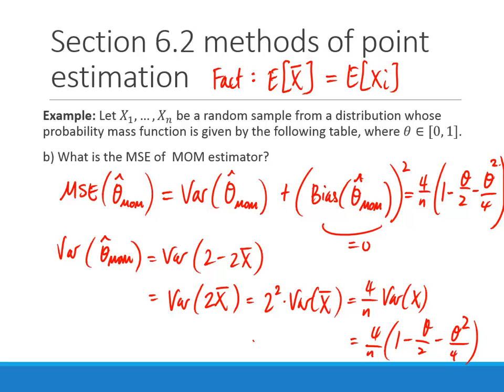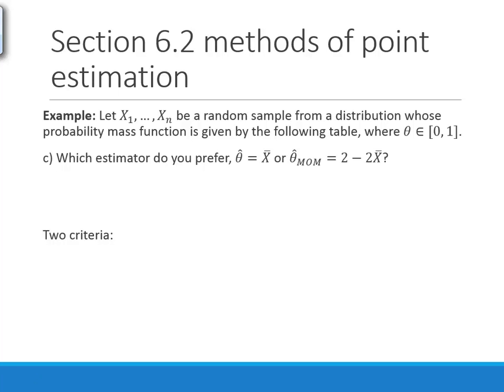So when you have an unbiased estimator, your MSE is just the variance. Okay, so we could use this again. Remember, the mean squared error is one of our criteria. If I ask you which one I prefer, my method of moments estimator or just the regular x bar estimator that we found back in section 6.1?